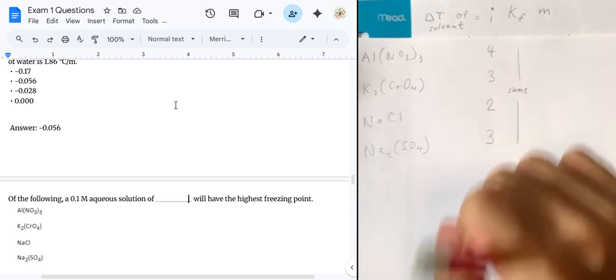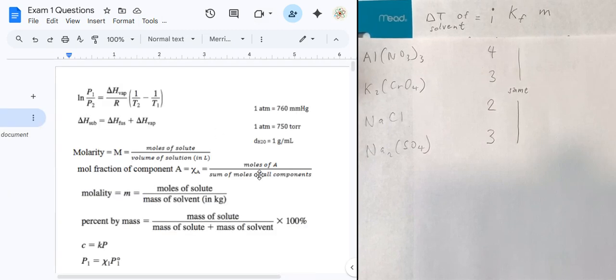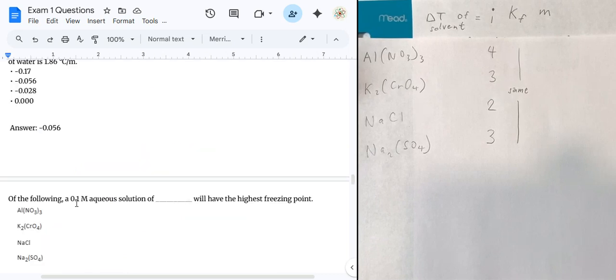And we don't know molality, we only know molarity. But if you look at the equation sheet, molarity is that. And the molarity for each one will be the same.